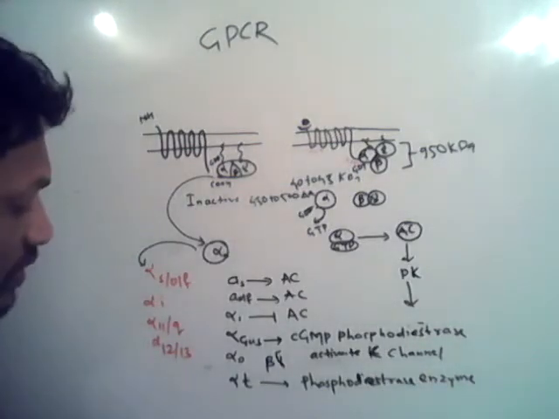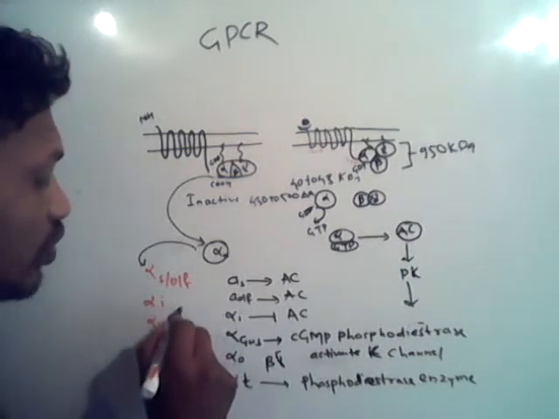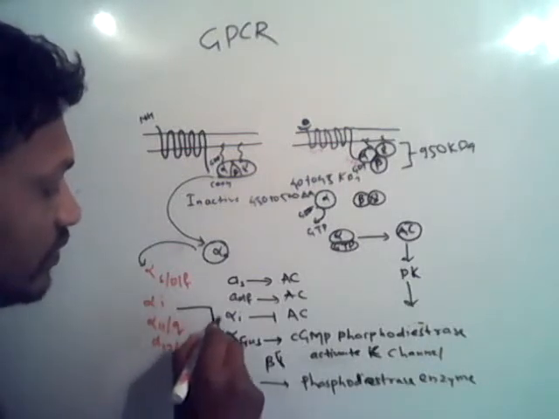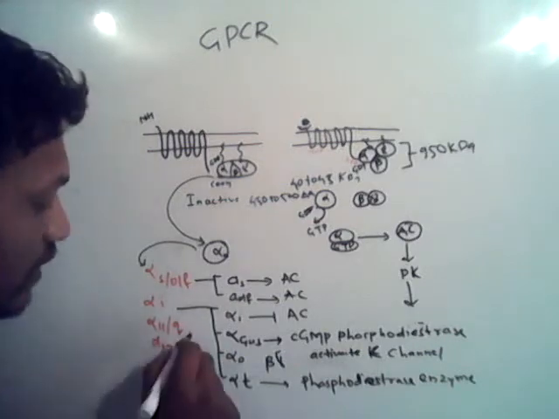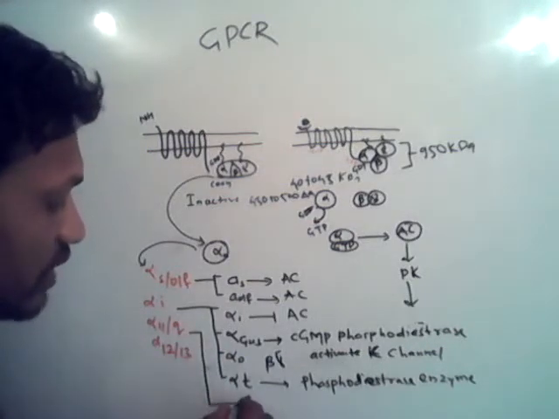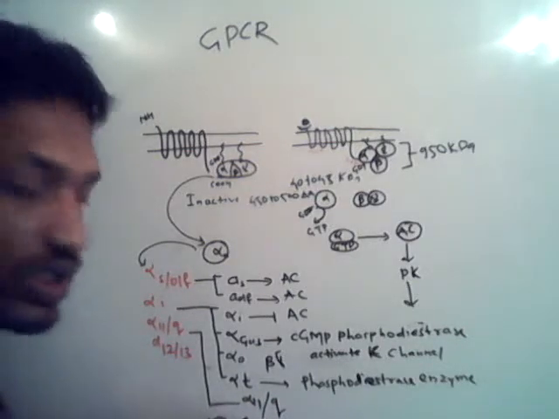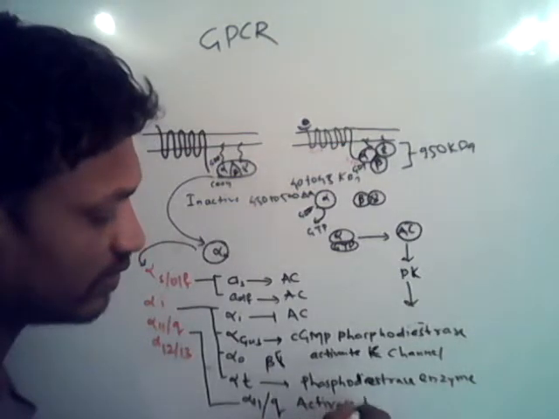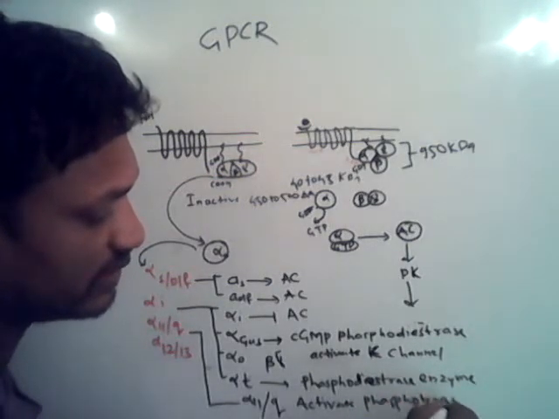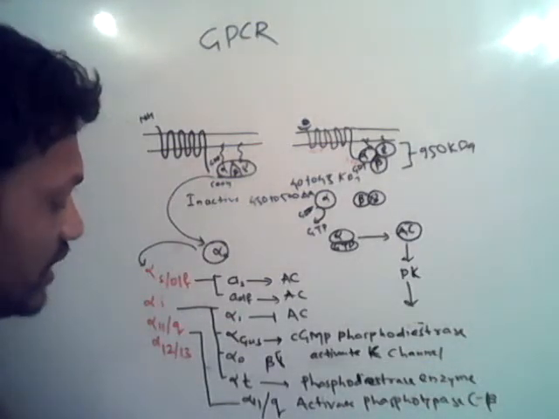There are so many types. This is a type of alpha i, and this is a type of alpha s and alpha olf. Now in case of alpha 11 or q, it activates phospholipase C beta.